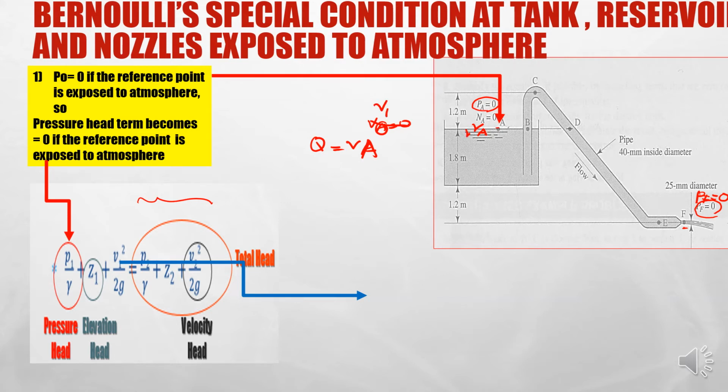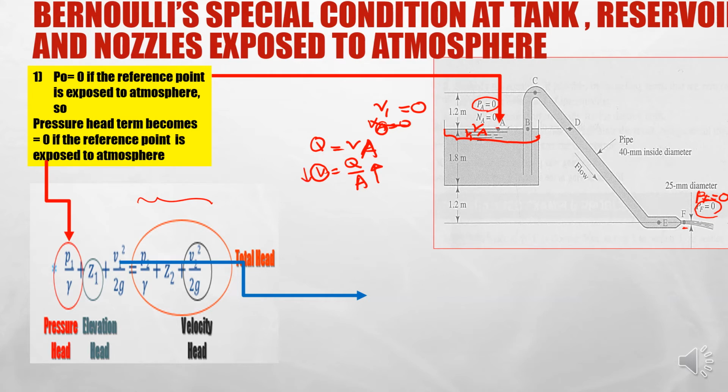V1 will be assumed equal to 0, because this area has a large surface area. If we want to calculate V, which equals Q over A, the value will be nearly 0 because A is bigger, it has a large surface, so V will become very small.